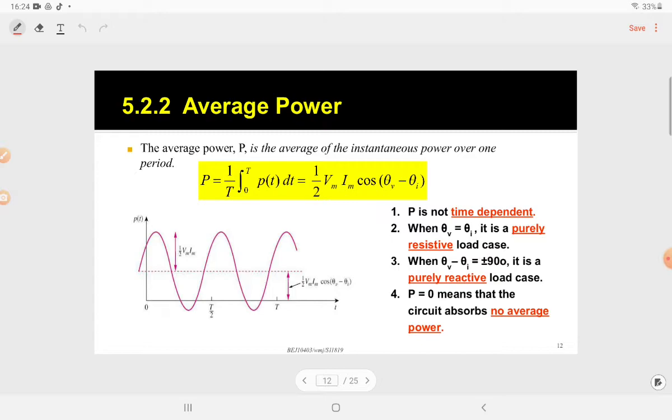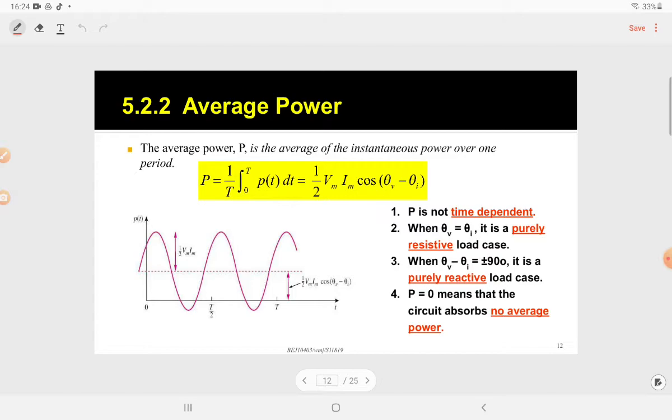So let's say we are looking for the average value of the power, that's the average power. Usually average power is measured in watts. When the phase angle between voltage and current is the same phase, we can say this is a resistive load.